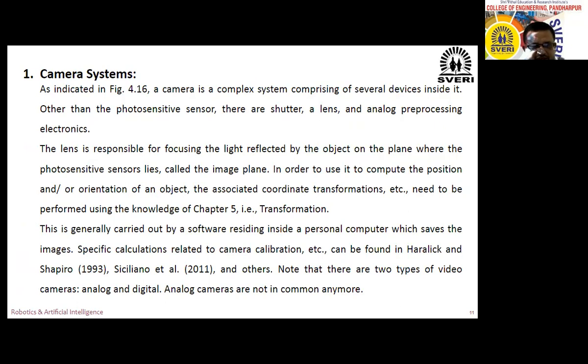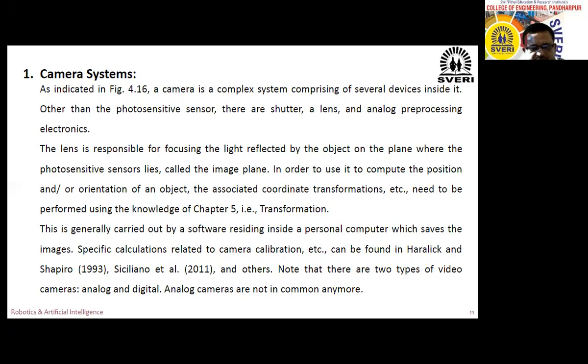As indicated in figure 4.16, a camera is a complex system comprising of several devices inside it. Other than the photosensitive sensor, there are shutter, a lens, and analog pre-processing electronics.